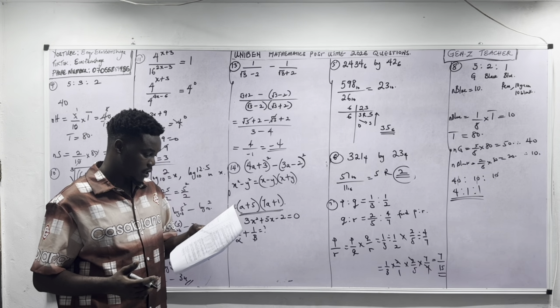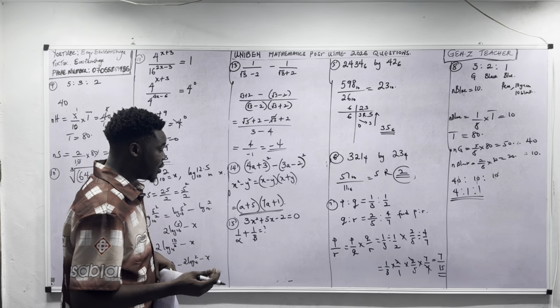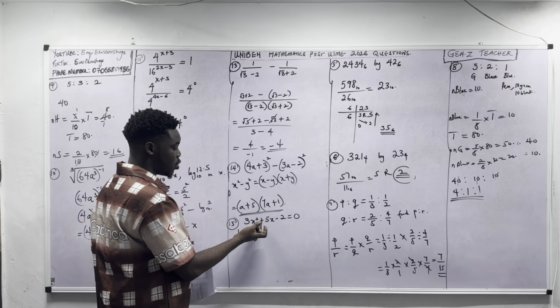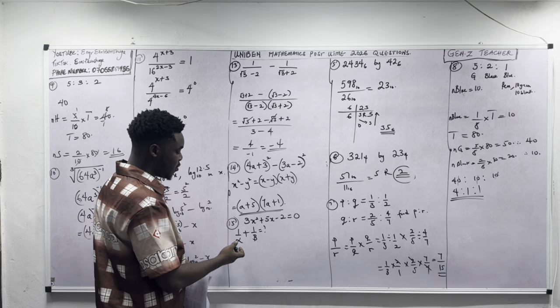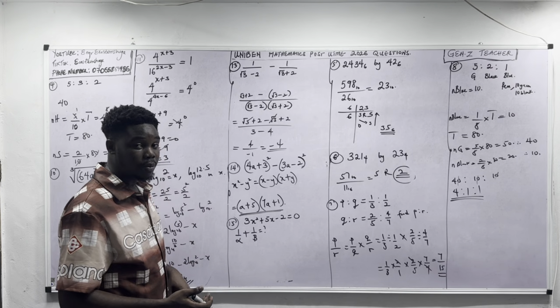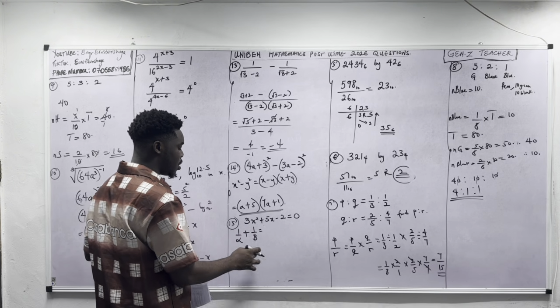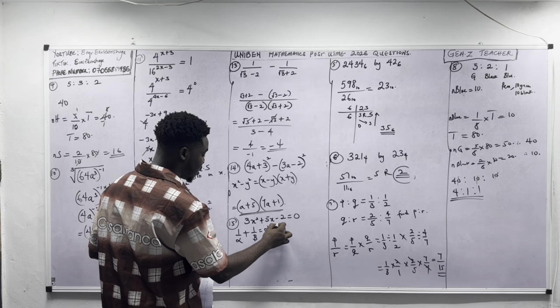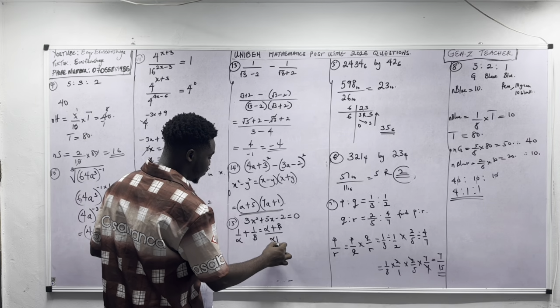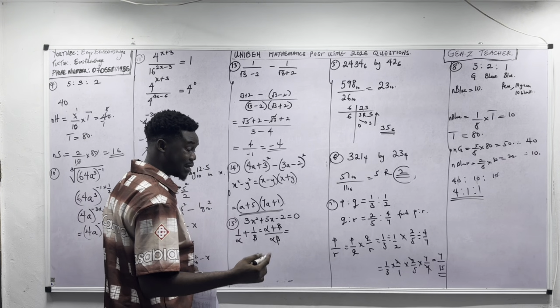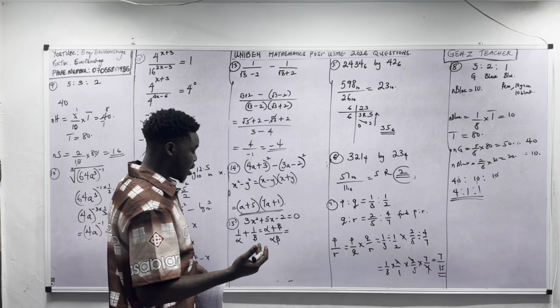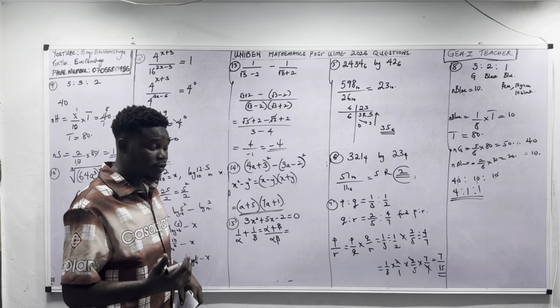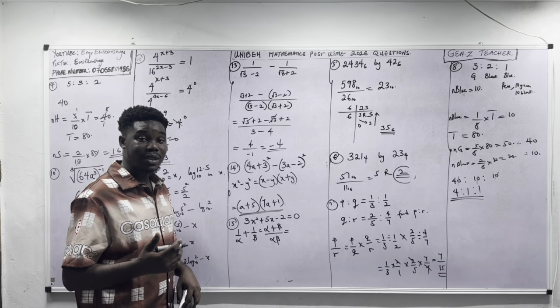Number 15 says, if alpha and beta are the roots of this expression, 3x squared plus 5x minus 2 equals 0, find 1 over alpha plus 1 over beta. Now, those are fractions. You agree with me that this expression also refers to alpha plus beta over alpha beta. And from your mathematics classes, alpha plus beta equals minus b over a, and alpha beta equals c over a.